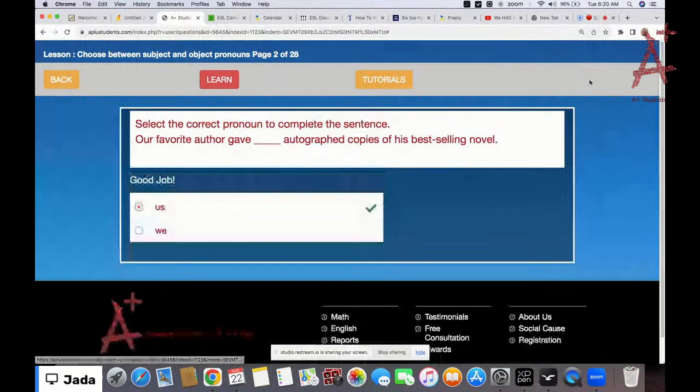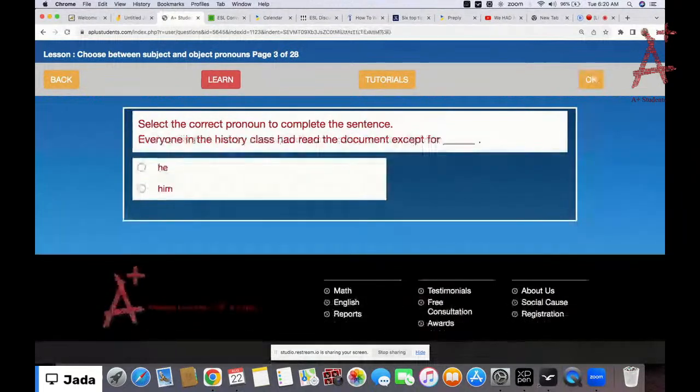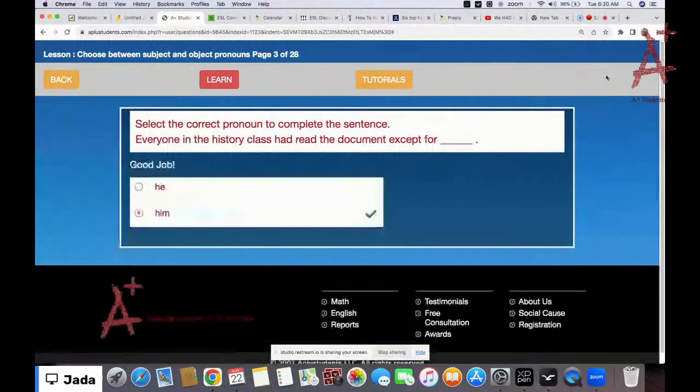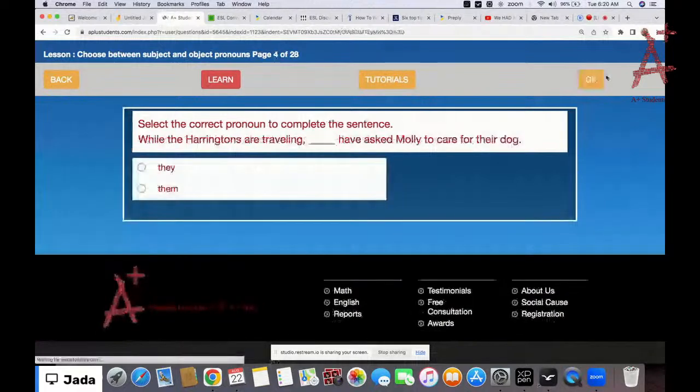Now we have the next question: everyone in the history class had read the document except for he or him. So what's gonna be this answer? Everyone in the history class had read the document except for him. So we have him on the chat box. So except for him, and him now is what? Object pronoun. Okay.